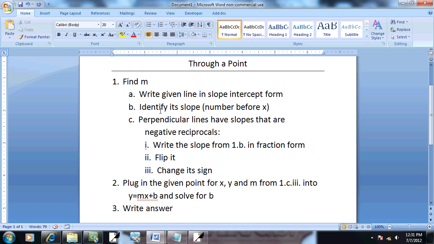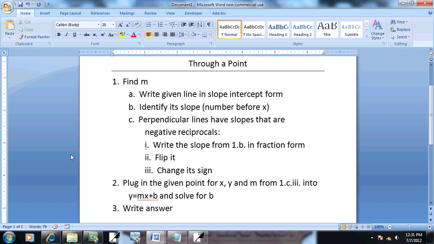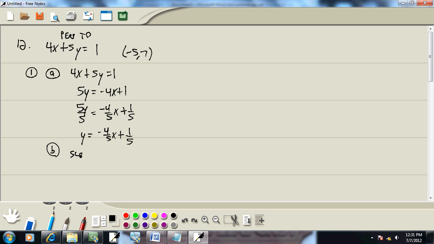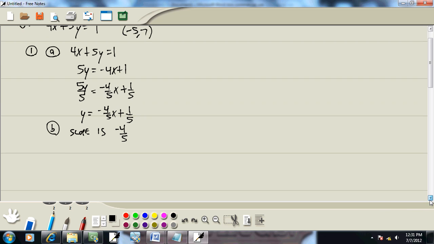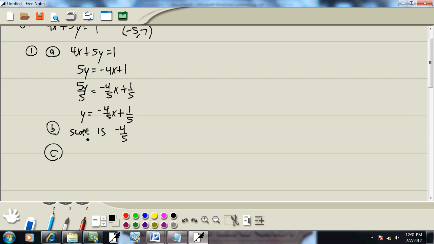Now B says identify slope, and this is the number before the x. So its slope is negative 4/5. Now C, perpendicular lines have slopes that are negative reciprocals. So first thing we do is write the slope from 1b in fraction form.